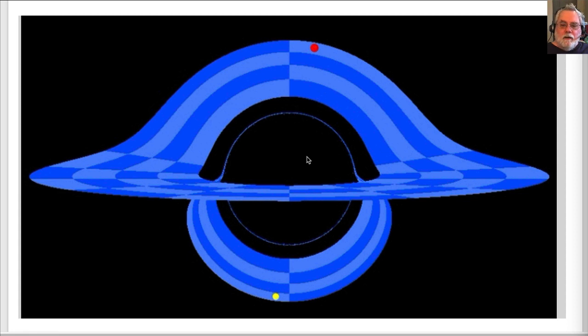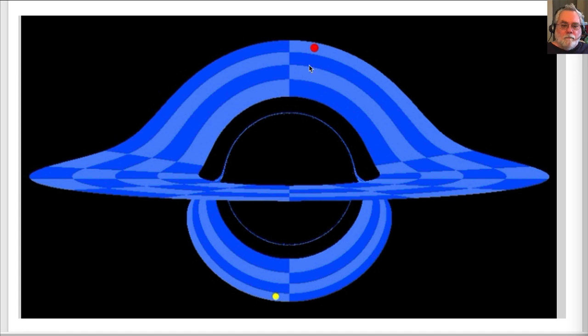And they appear in different locations, here and here, to the observer. Here it's to the right and here it's to the left, but they're the same position on the accretion disk behind the black hole.